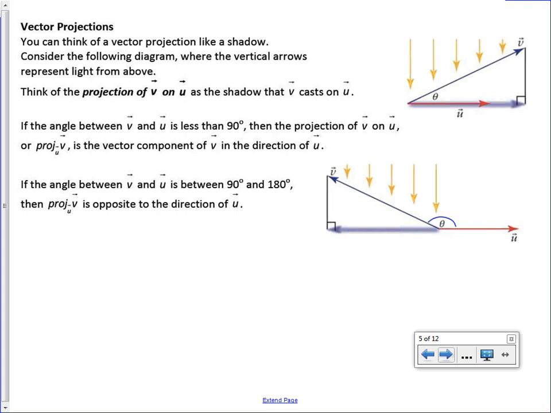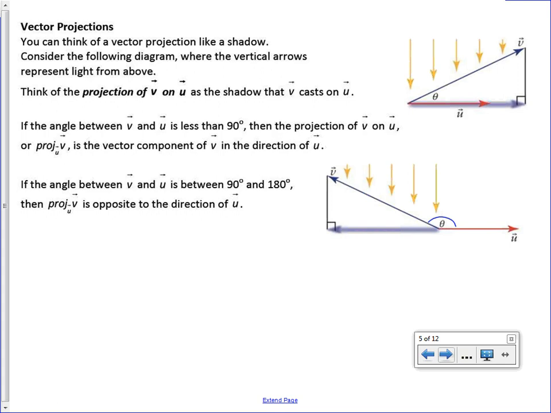So the idea here is if the angle between vector v and vector u is acute, less than 90, then the projection of the vector v onto the vector u is going to be the vector component of v in the direction of u.